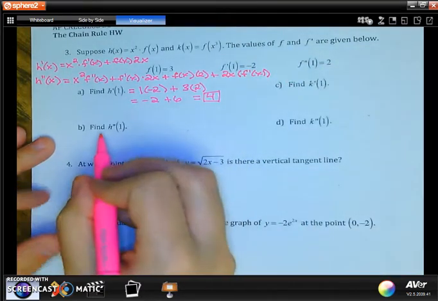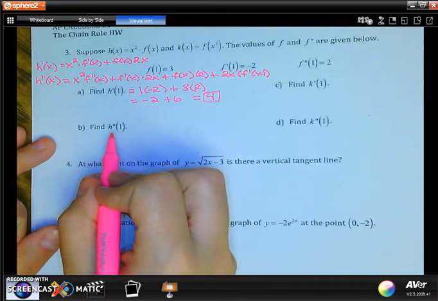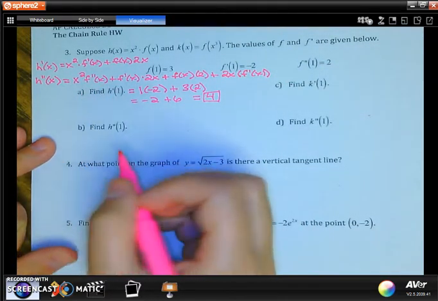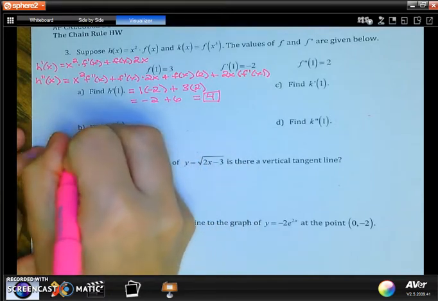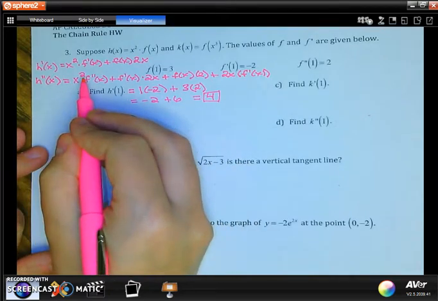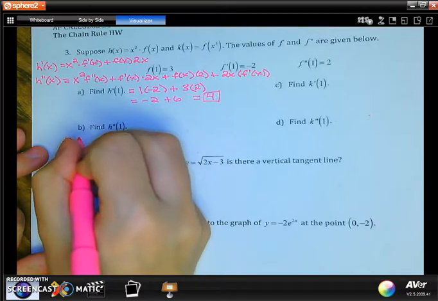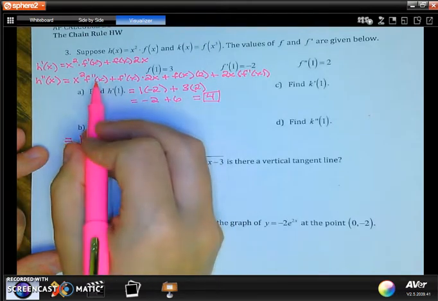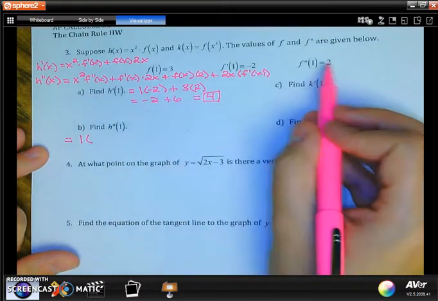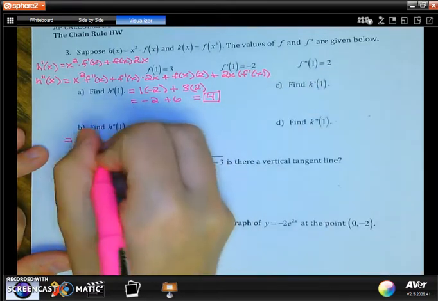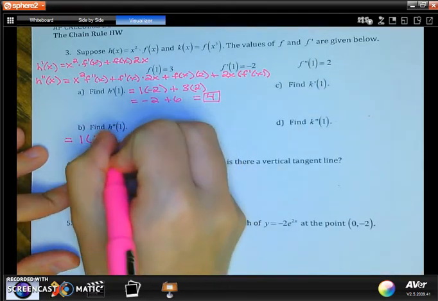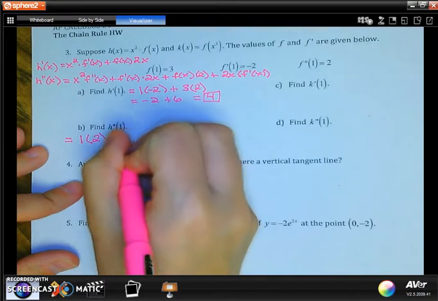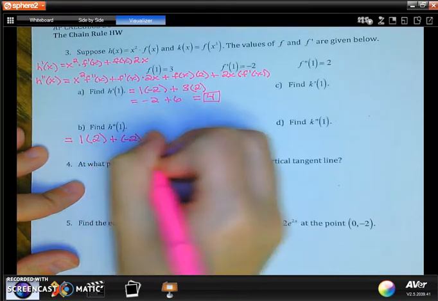Okay, so now for this h double prime here, I'm going to plug in a 1 for all of those things. So when I plug that in, 1 squared is just 1. Then when I plug in a 1 here, f double prime of 1 is 2 according to this, plus f prime of 1 is going to be a negative 2.